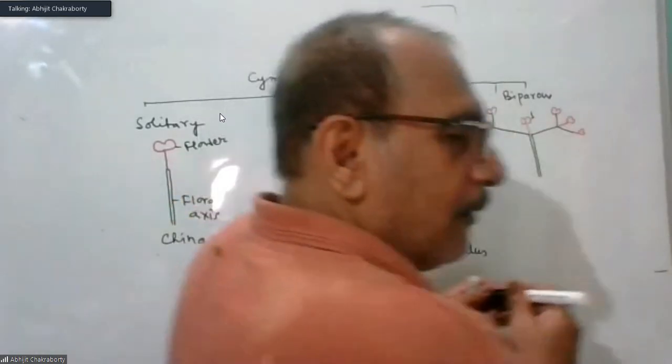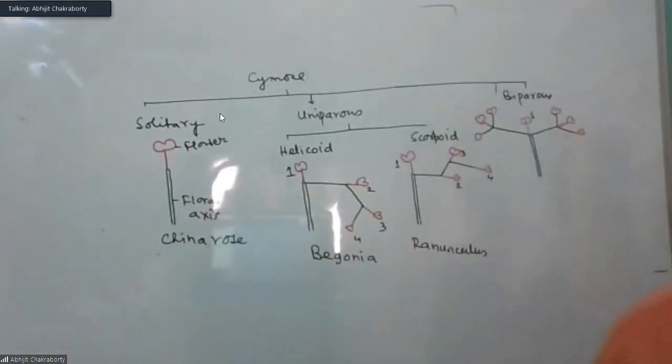Then on both sides of the first flower, you will get the flowers. Then this is called biparous cyme. Is it clear? Yes, sir. So this is the biparous cyme.